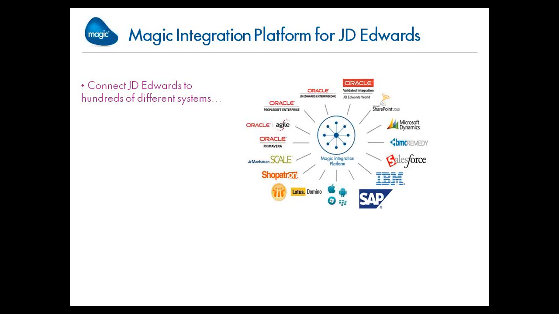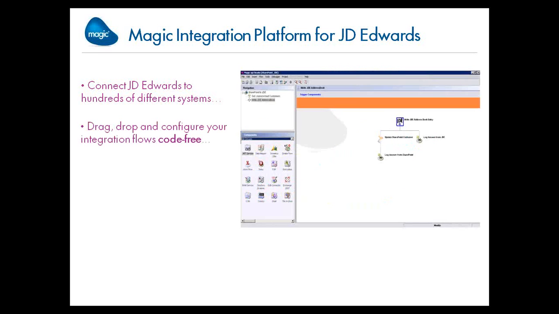But the integration platform goes far beyond having benefits just at upgrade time. It also, of course, provides the benefit of being able to bring that JD Edwards information bidirectionally to your mobile apps, and so we'll be talking about that today.